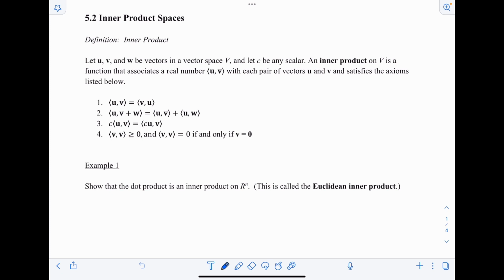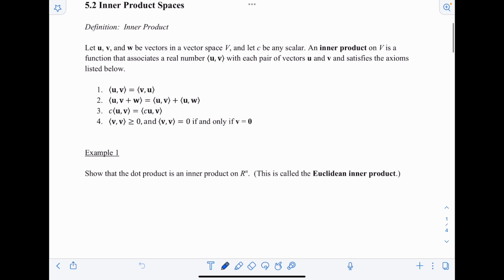That may help in remembering a characteristic of the inner product. So, for example, we're going to show that the dot product is an inner product on any n-space in R^n. Again, that just simply means that these 4 axioms in this definition have to hold true.